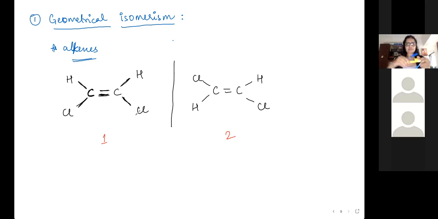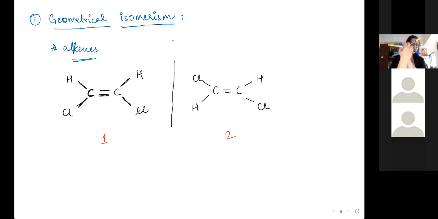Molecule 1, hydrogens are on the same side. So this is what the orientation is. In the middle, carbon double bond carbon is the same, but you can see the molecule looks like this. Clear? Right.